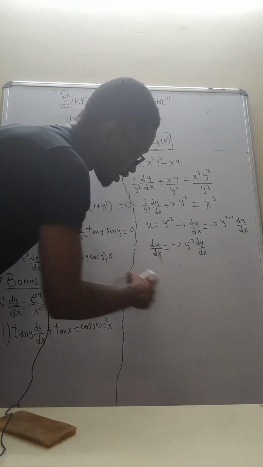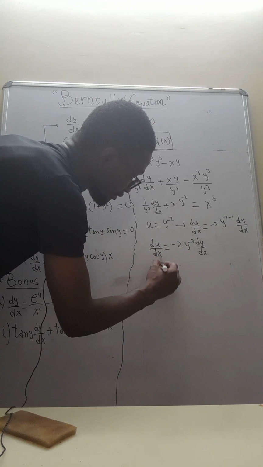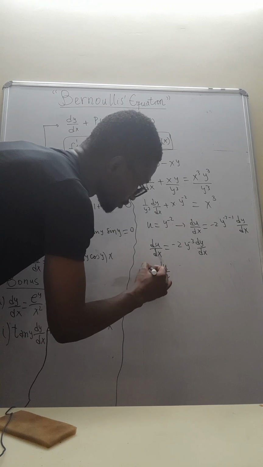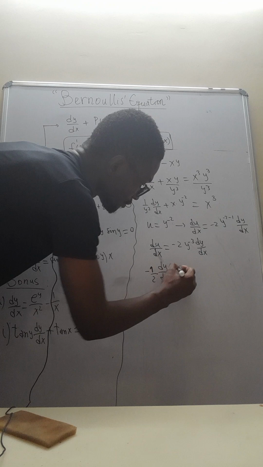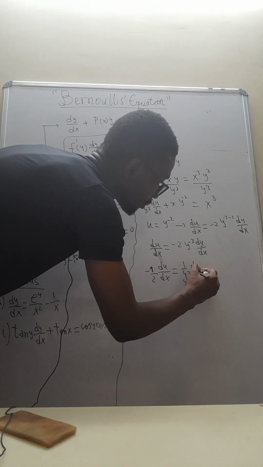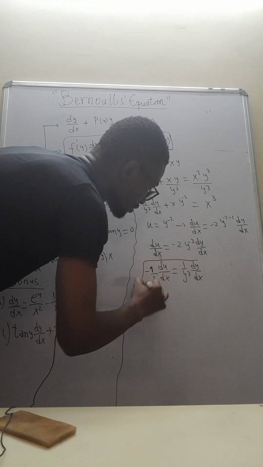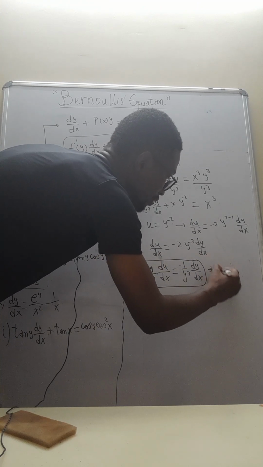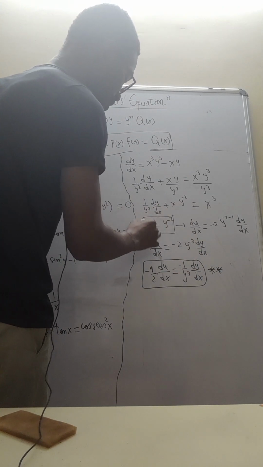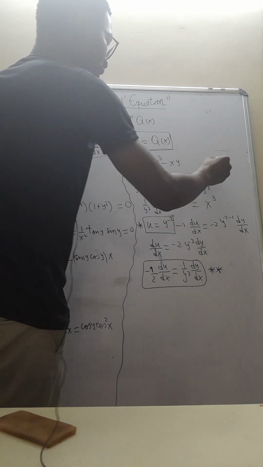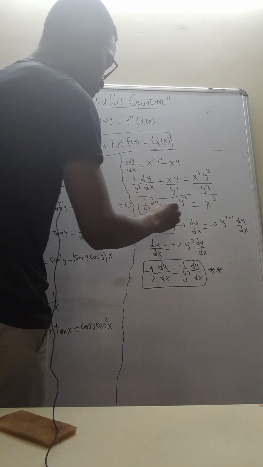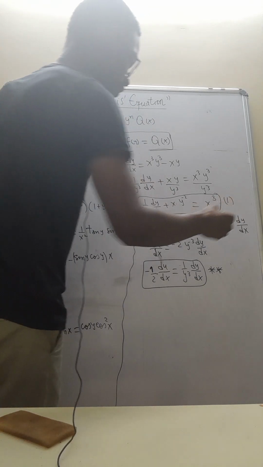This 2 is a constant, can come here. So du by dx times minus 1 by 2 is equal to 1 upon y cubed dy by dx. This will be my star, and this will be my equation number 1.